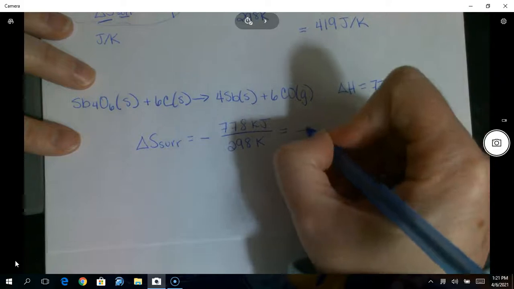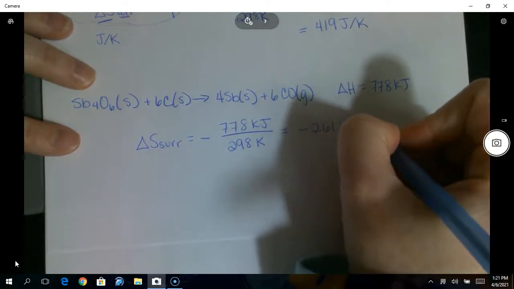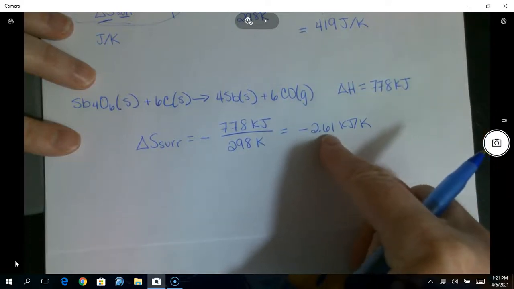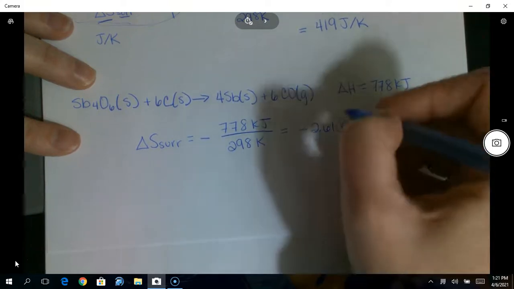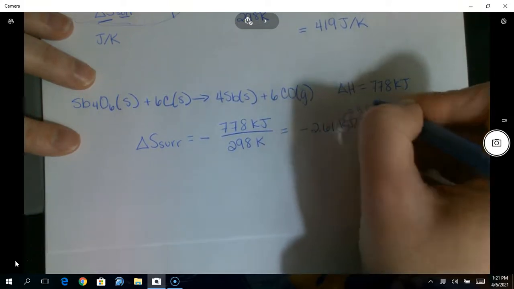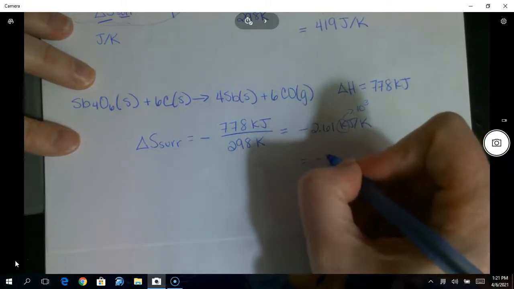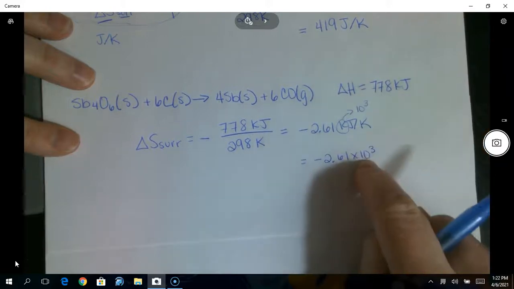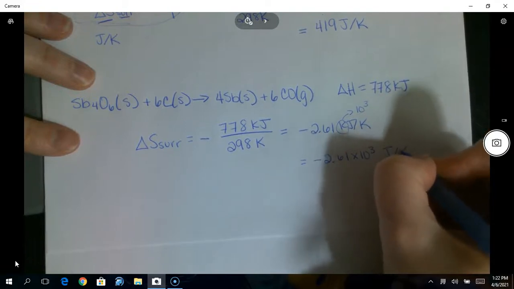So this is negative 2.61 kilojoules per Kelvin. And then if we wanted to convert this to joules per Kelvin, remember kilo is 10 to the third. So I can replace that kilo with 10 to the third and say negative 2.61 times 10 to the third, because this 10 to the third means kilo, and now we've got joules per Kelvin.